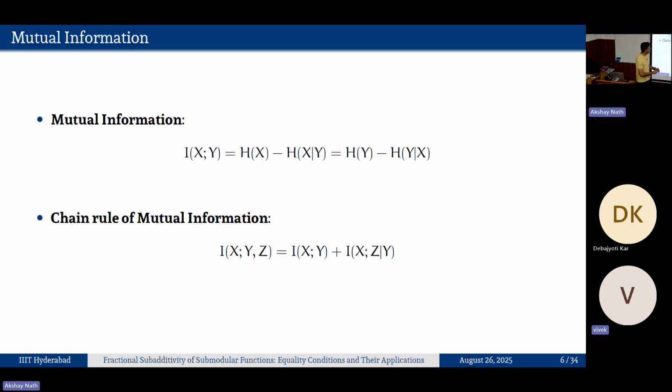It's also symmetric, in the sense that there is no ordering with respect to the semicolon. There are two entities, and I'm looking at the information that they share. That's mutual information. If you work things out, with basic brute force expansion of these formulas, you can also have a chain rule here.